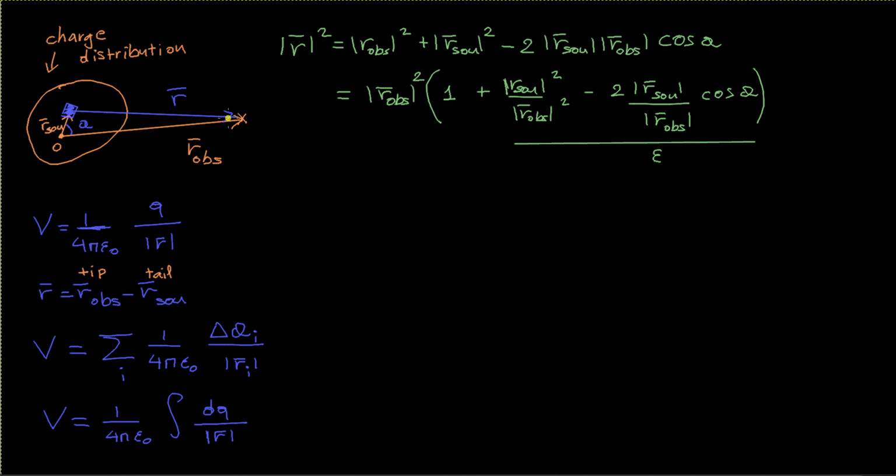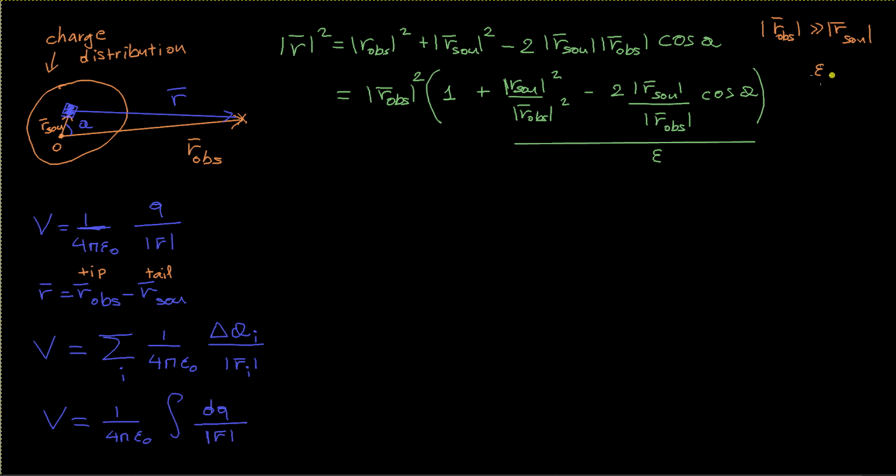In order for epsilon to be much less than 1, what I need is that r obs is much greater than r source.